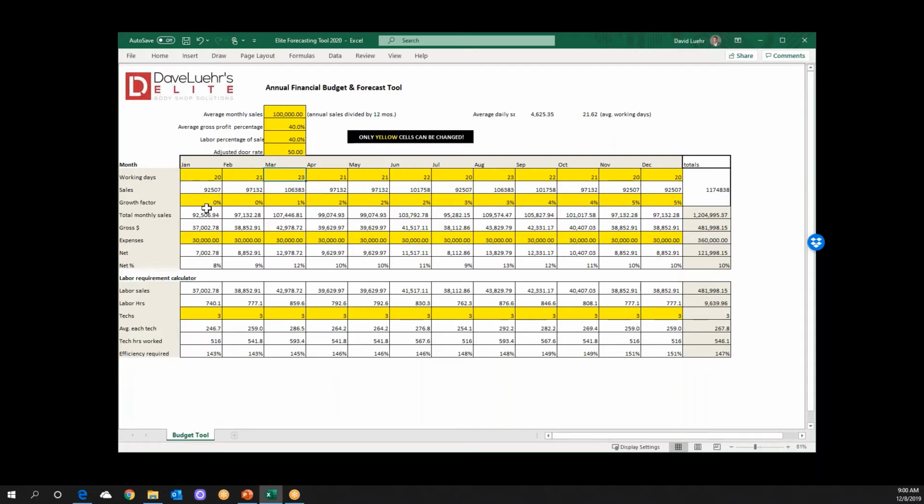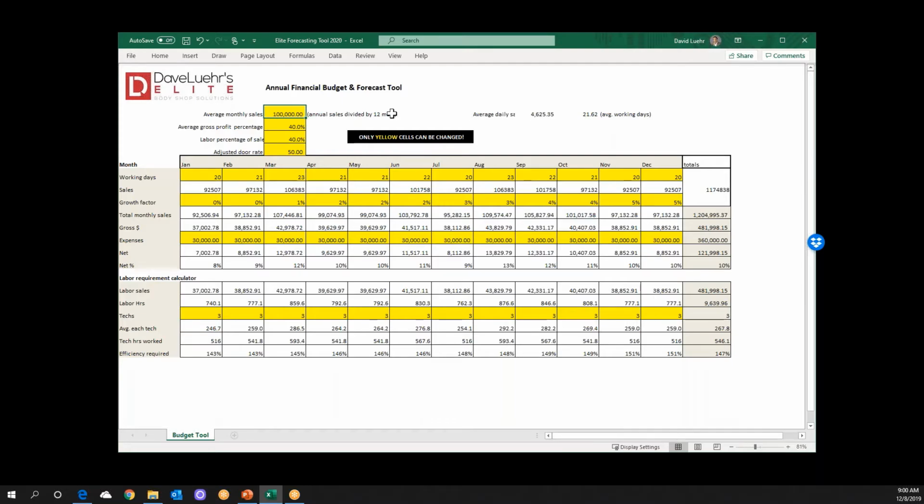The other thing that I want to point out here is, so you can see already that it's suggesting based on the number of working days. So because we know that your average sales is $100,000, we know that your average daily sales is 4625. See how that works?